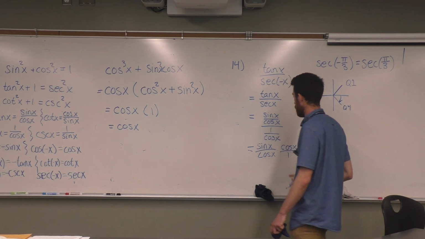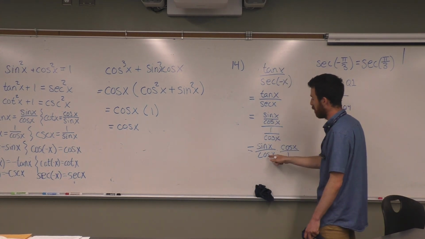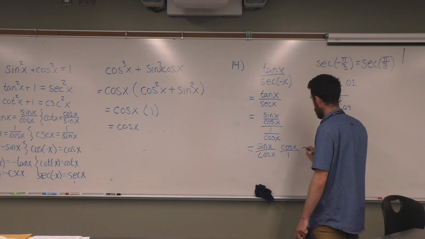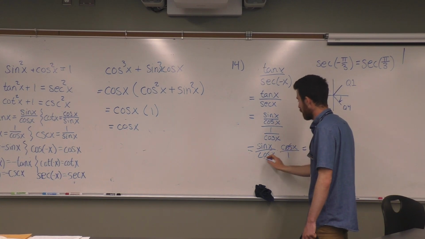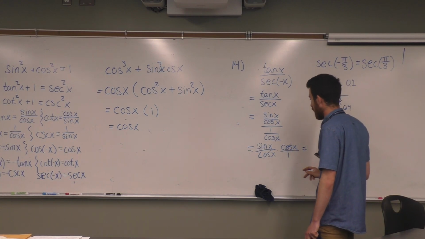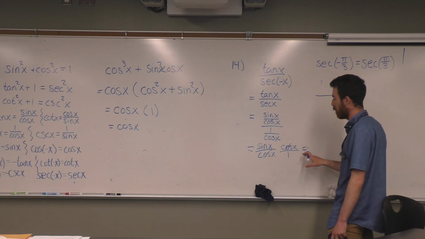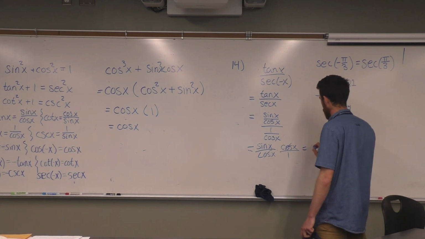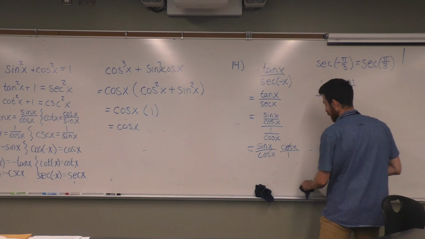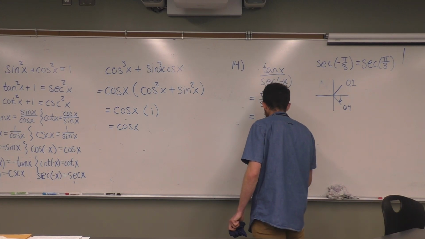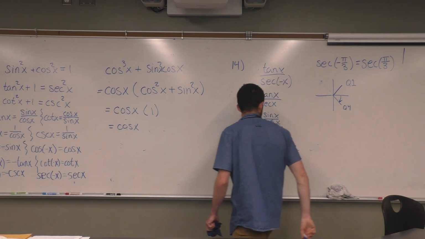Keep, change, flip. Right? There is a numerator fraction, there is a denominator fraction, and this is not cross-multiplying. It could be called cross-canceling, but either way, the numerator would be sine cosine over cosine. So, nope, write vertically down. Sine of x.